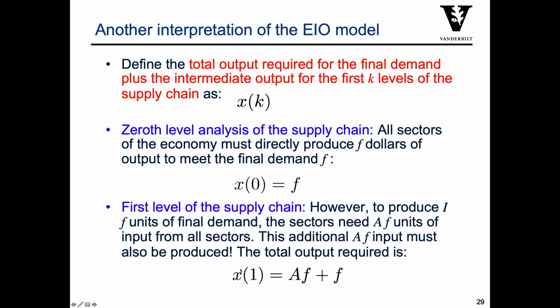Well, that first round of phone calls, they say, well, if I need $1 of final demand, I have some intermediate output I have to produce. I know how much input I need in order to produce a final demand. Okay, so this first round of phone calls, I know I need to produce at least one car for the end consumer, but I also know that I might get asked to produce more cars as well as many other things due to the fact that I'm now requesting from other people to give me inputs to my sector to produce this car.